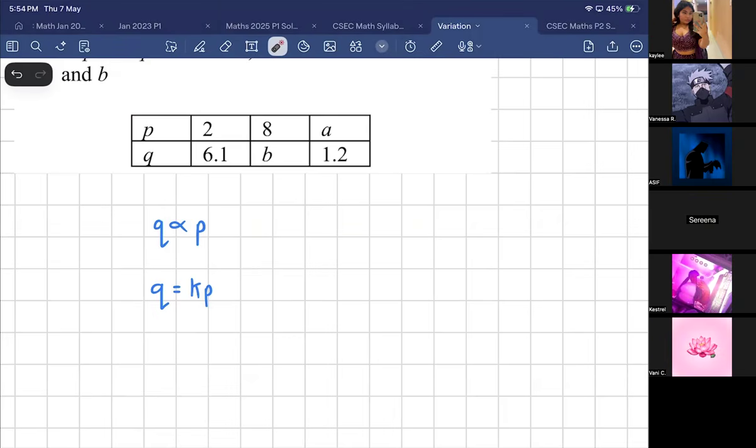Let me show you what I mean. Over here, what is the value for P? A. Do we know what A is? We don't know what A is. Where's Q over here? So we know that P is A, but we don't know what A is. What's Q? 1.2.